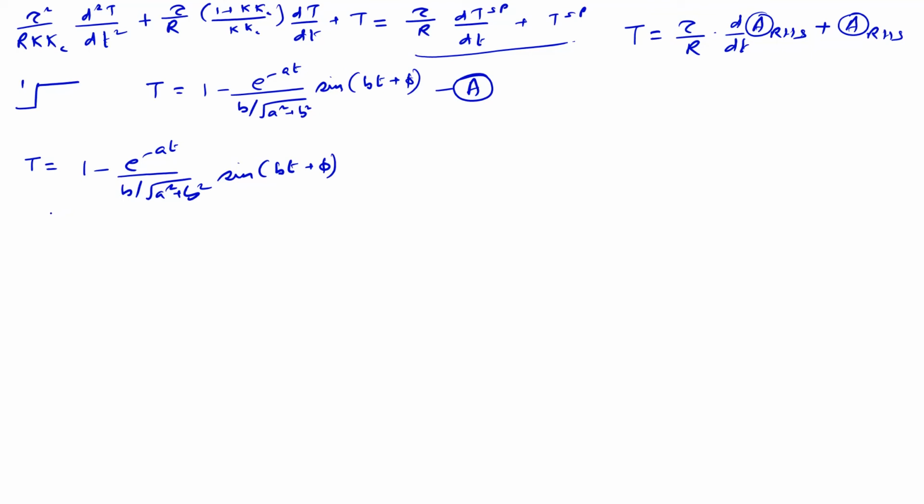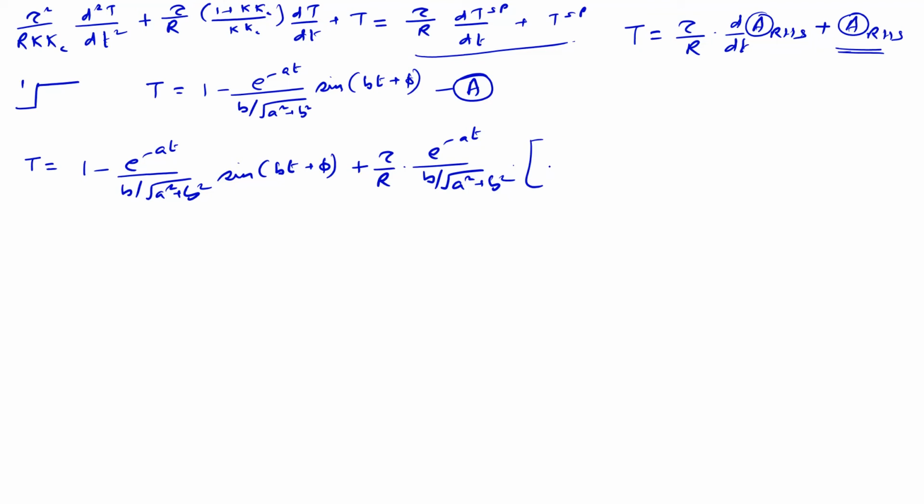So T is equal to, this is the T set point term, this is this term, and the next term is going to be plus tau by R times e to the power minus a t times b by square root a square plus b square times, take the derivative.